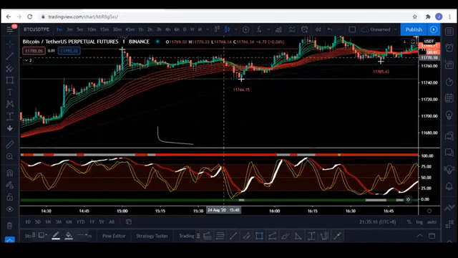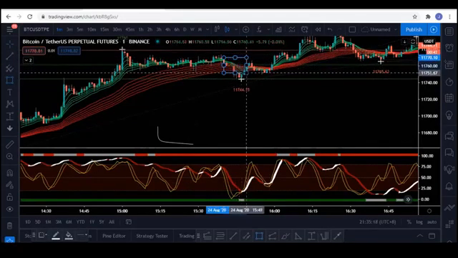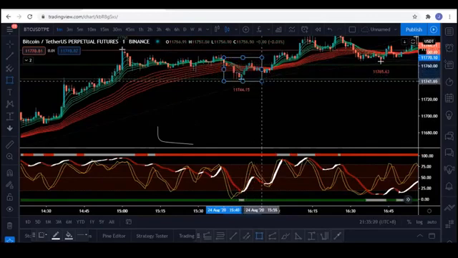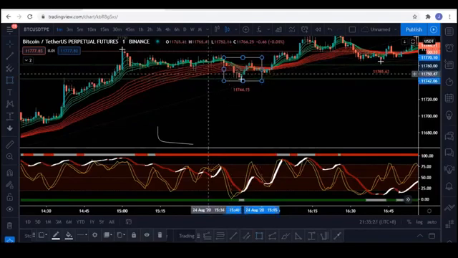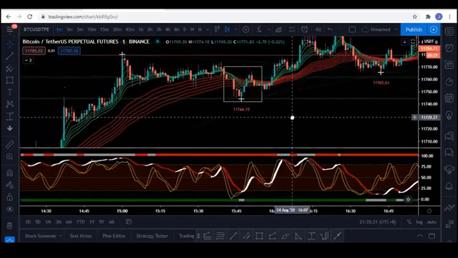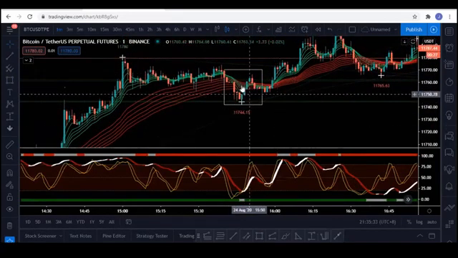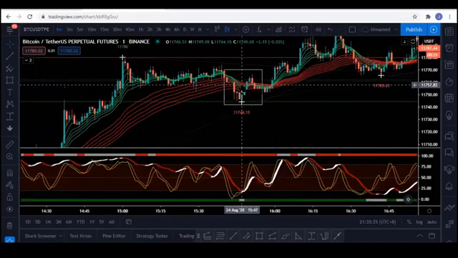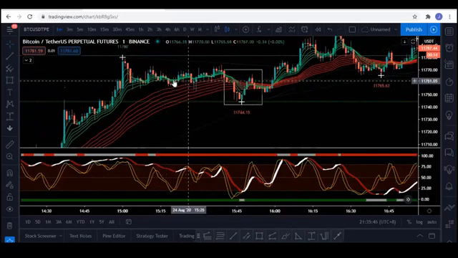This is a weak crossover or weak reversal, because the waves or the ribbon should be narrow like this.